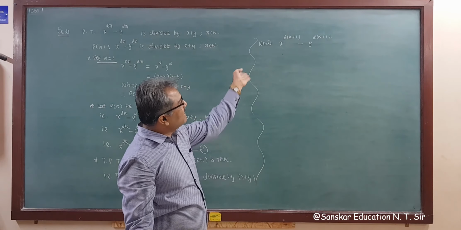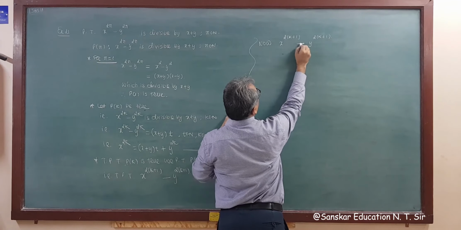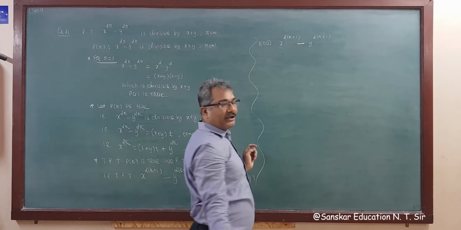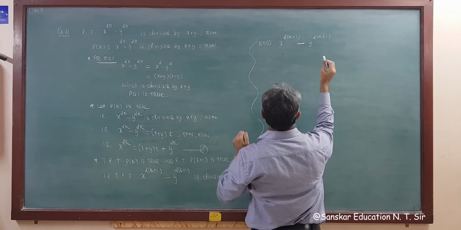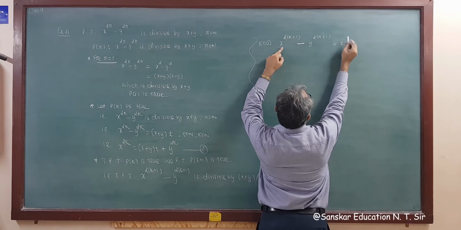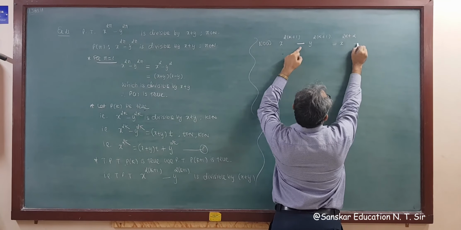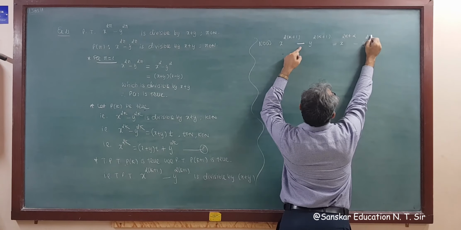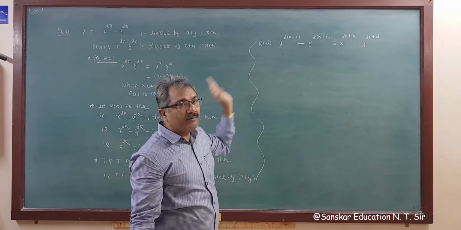While you are simplifying this type of terms, make sure all these signs are important. Now multiplying this, what we get? This is x raised to twice k plus 2 minus y raised to twice k plus 2, right? This is our simple multiplication.